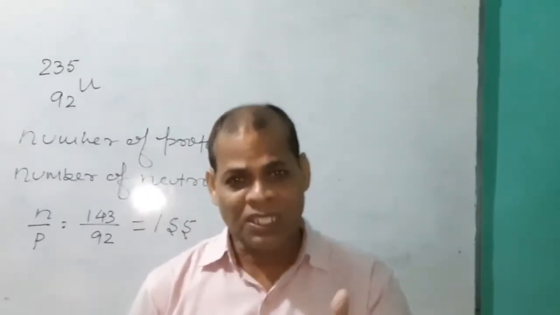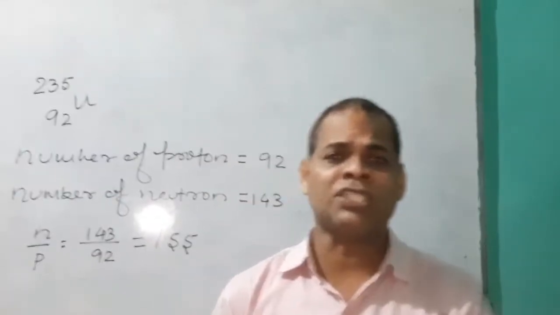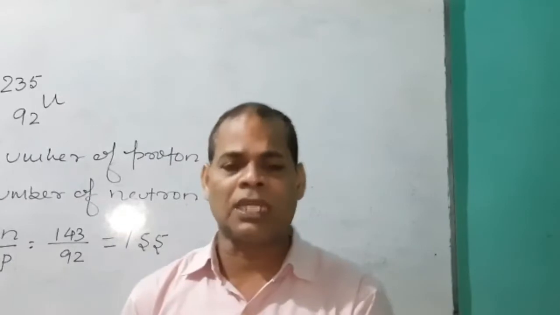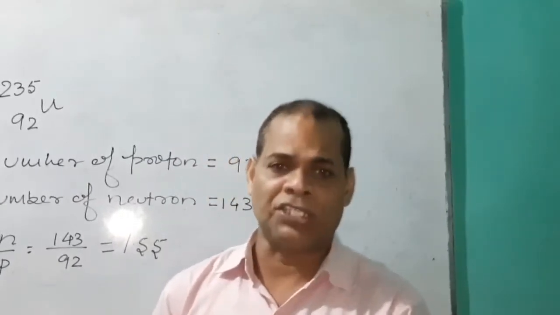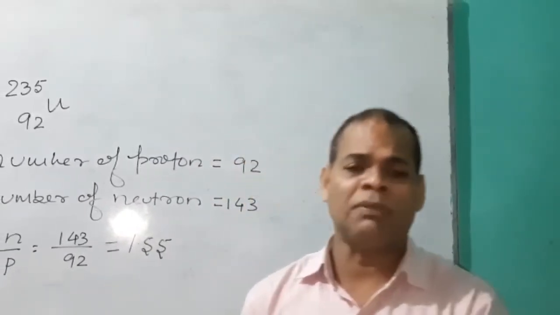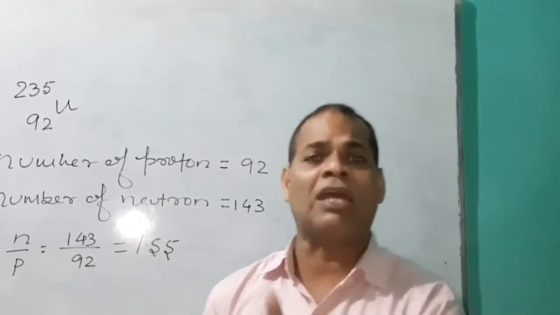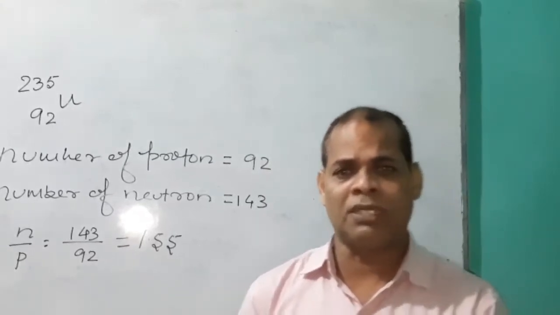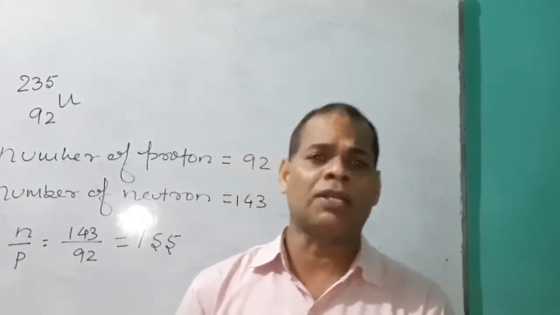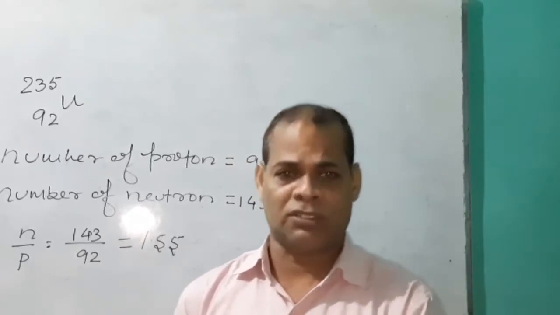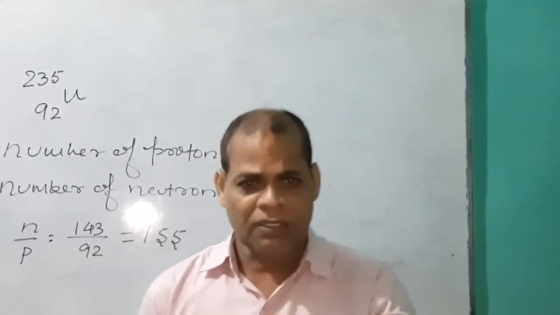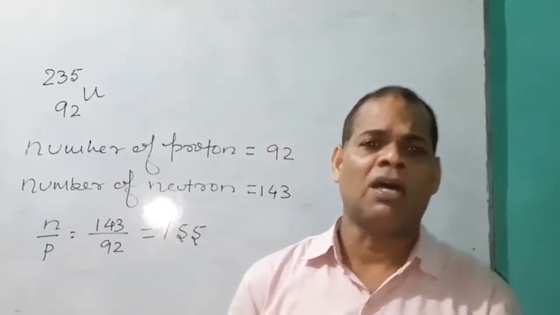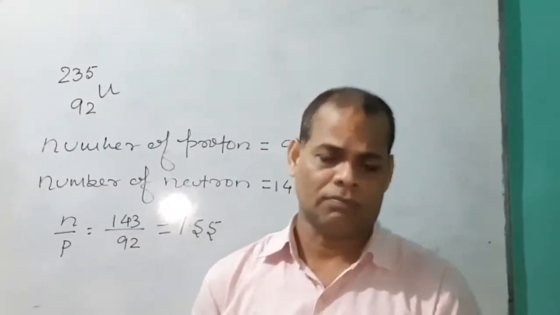So these nucleus try to get stability by the emission of alpha particle, beta particle and gamma rays. These elements, uranium, thorium, polonium, actinium, are called radioactive elements. And the phenomenon of emission of alpha, beta and gamma is called radioactivity.